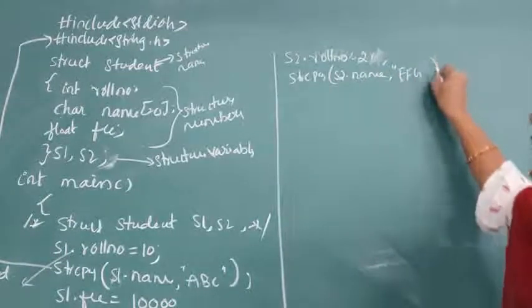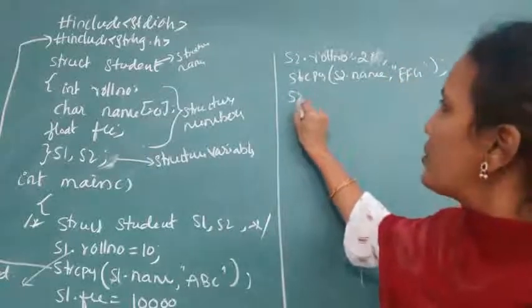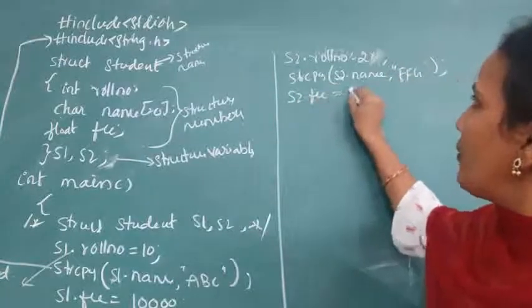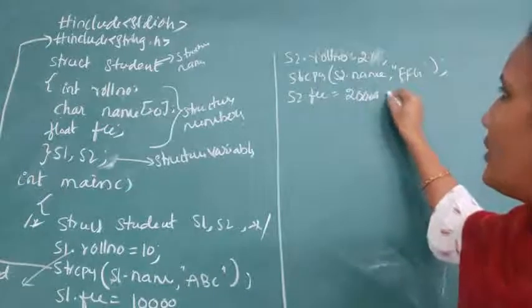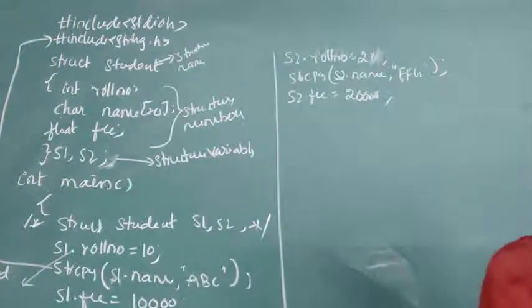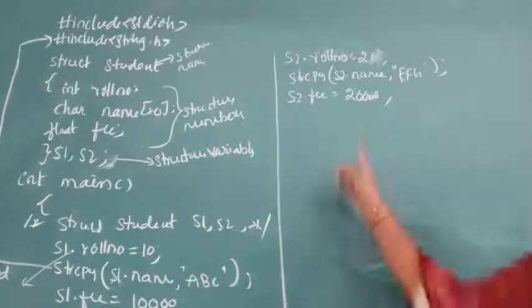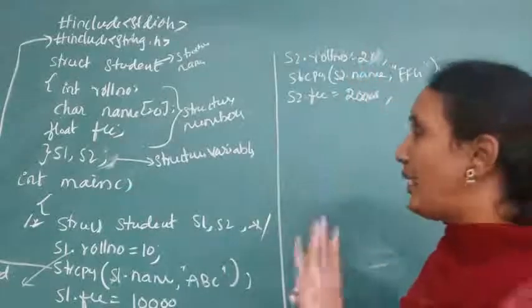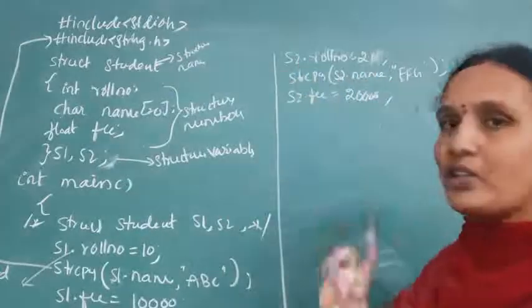You can give any name. Now S2 dot fee equals 20,000. Members of the structure can be used by the variables. Here I declared two variables and three structure members are there. For the three structure members I assign the values. So now the values are there for each and every structure variable.